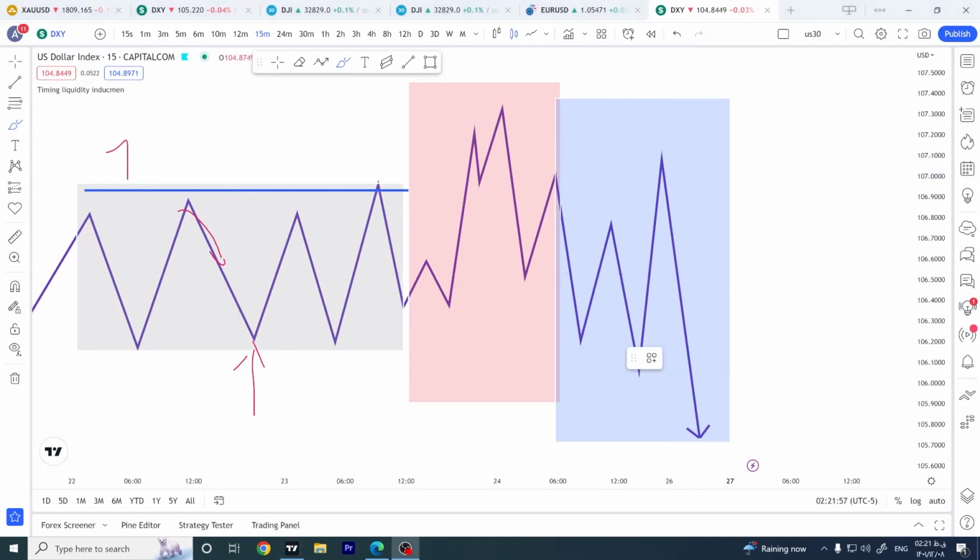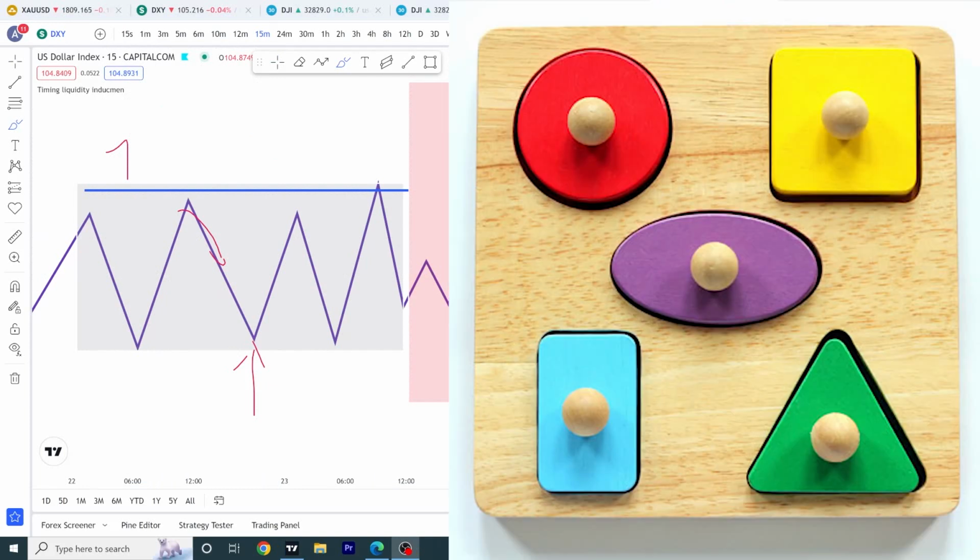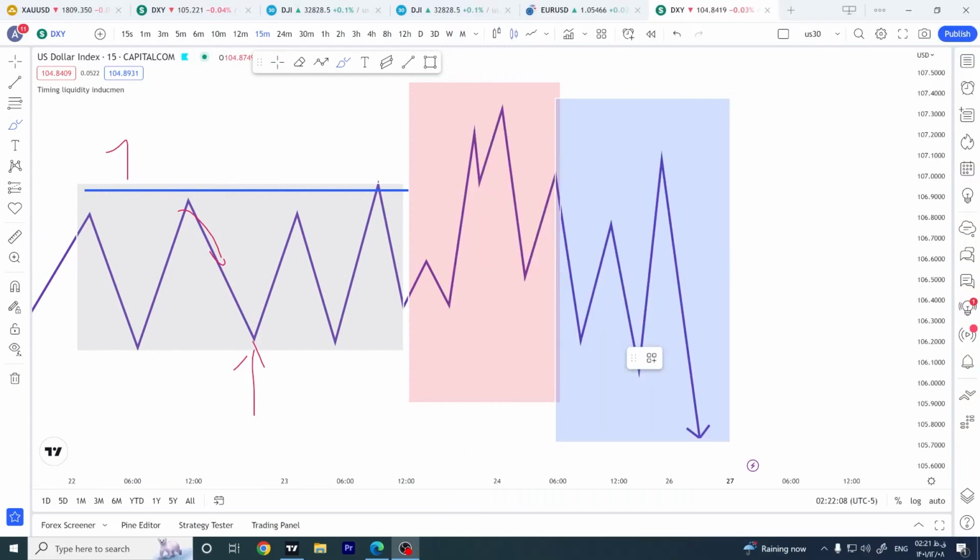And the classical trader whose strategies are based on some shapes that are being used in kindergartens to amuse 3-year-old children, for example, put that triangle in its hole, put that circle in its hole, they are going to find here a breakout setup.